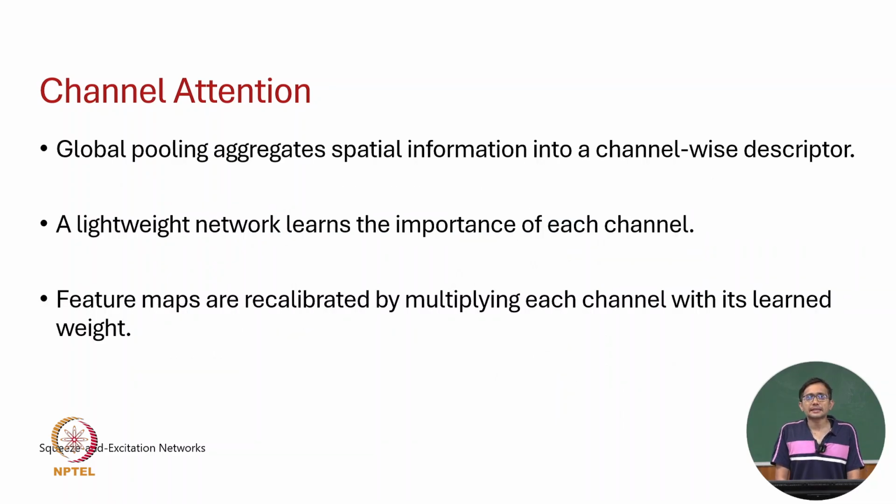Thus, to summarize, in channel attention, the global pooling is aggregating spatial information into a channel-wise descriptor. A lightweight network is learning the importance of each channel. The feature maps are then recalibrated by multiplying each channel with its learned weight.